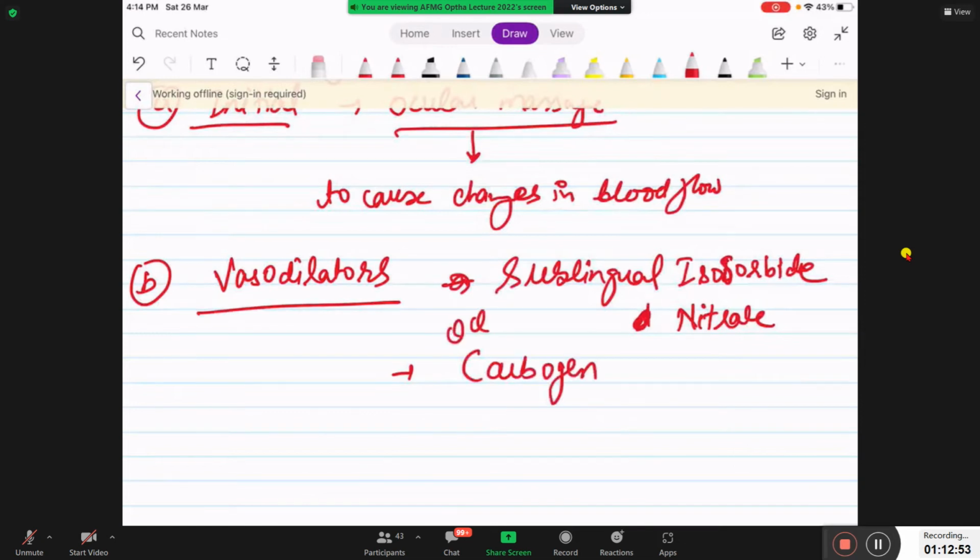Important question: carbogen is 5% carbon dioxide plus 95% oxygen.